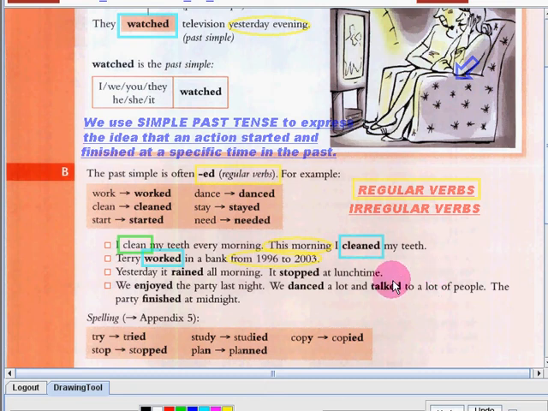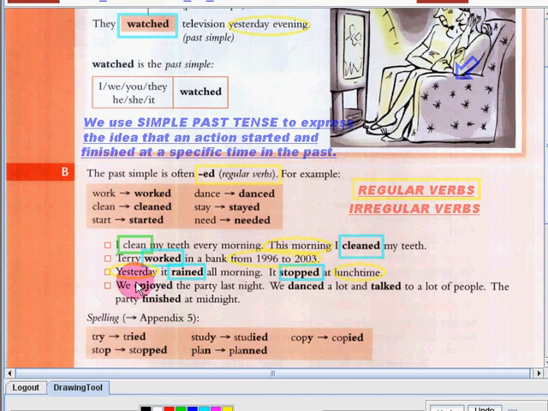Next, yesterday it rained all morning. It stopped at lunchtime. So, in our first sentence, our verb is rained. It's in the simple past tense, and our time expression is yesterday.